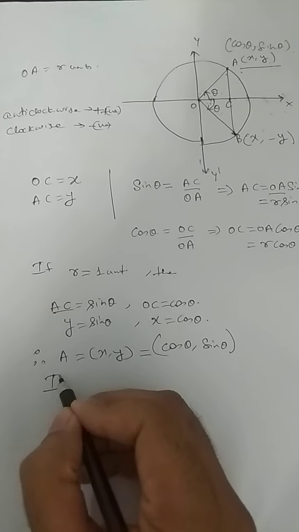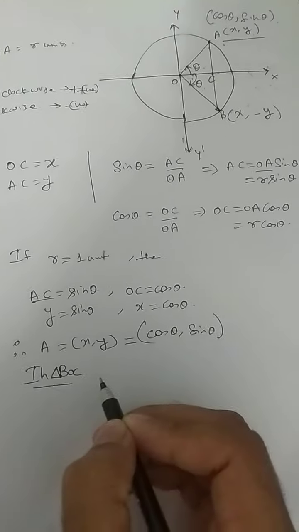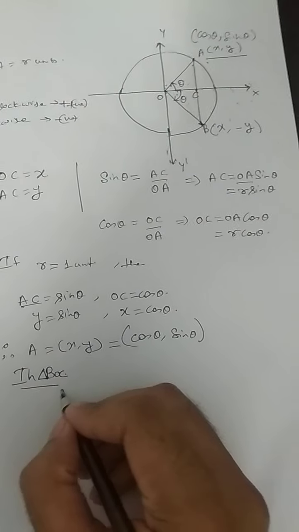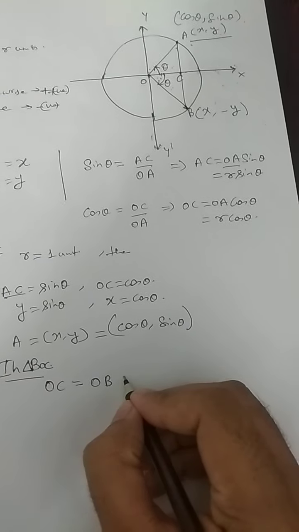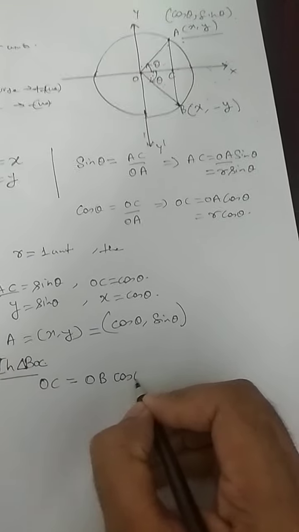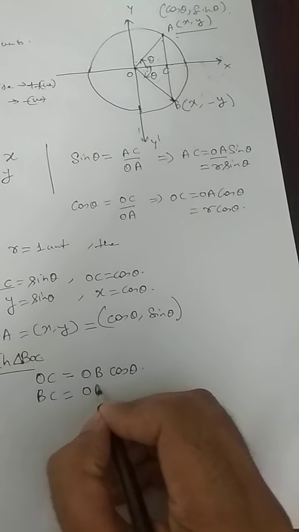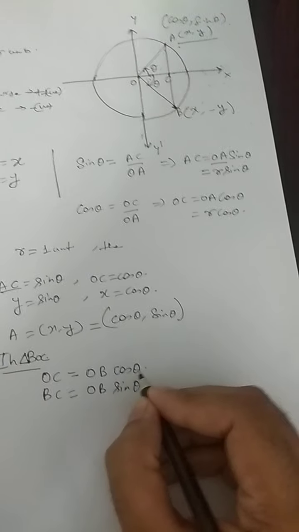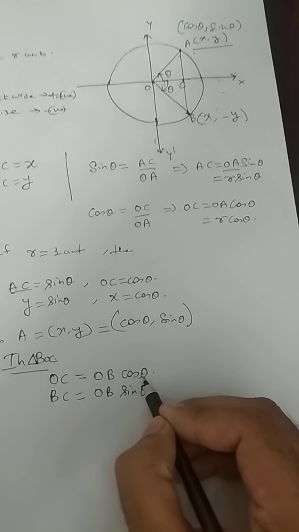Now in triangle BOC, with the previous concept, we are getting OC is equal to OB cos theta and BC is equal to OB sin theta. But in triangle BOC, this theta is negative.